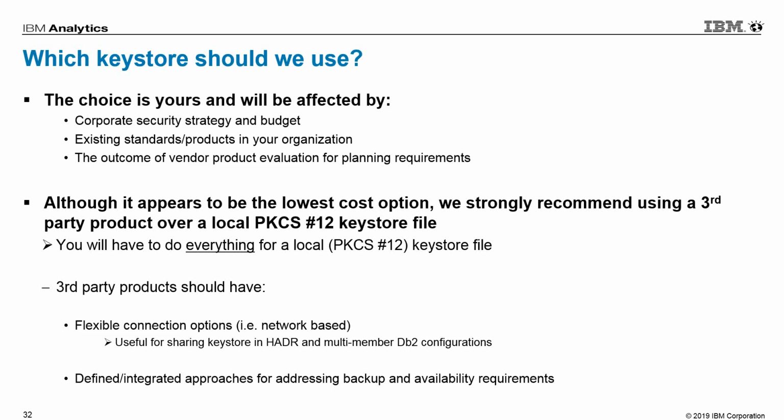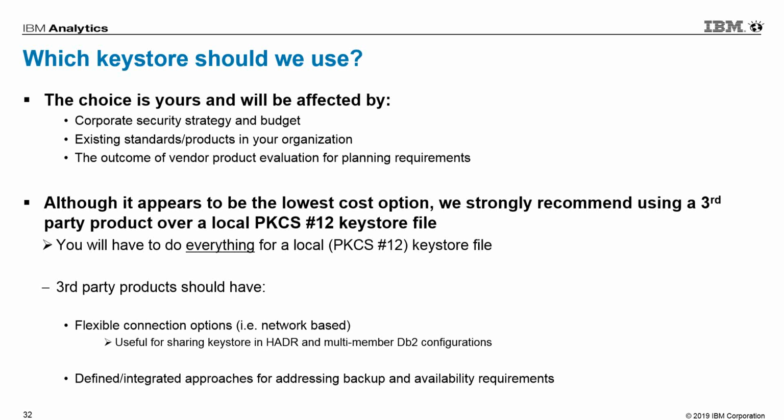Wow. Whereas with the other products, often they're separate hardware and they protect it themselves and they have their own backups. So there's multiple layers, you can't really do stupid stuff to yourself easily. The other thing with the third-party products is they have flexible connection options. They're network-based versus a file system approach. And that's very useful when you're dealing with HADR multi-member configurations, when you want to share the same Keystore.